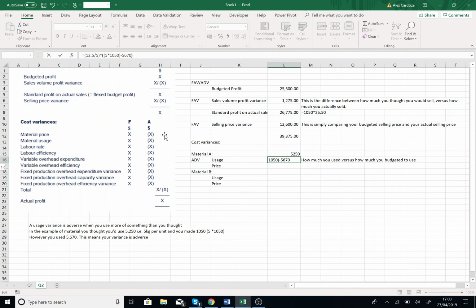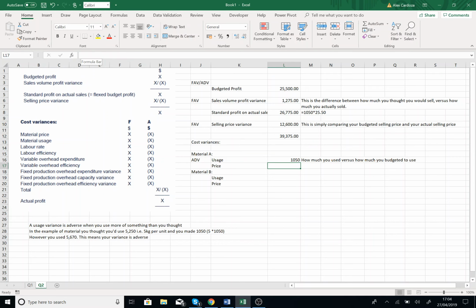Yeah, 5,670. Okay. So you've got a negative usage variance there, yeah? You never put minuses in here. You don't put minuses in your standard variances. You just write adverse and then you minus it off, yeah? Because that's an increased cost.